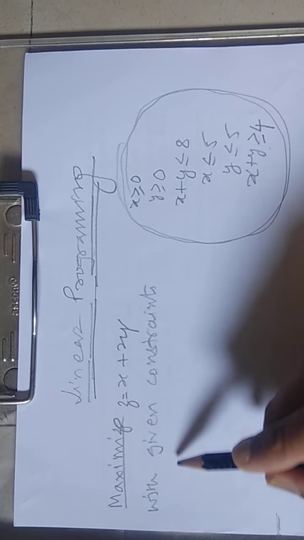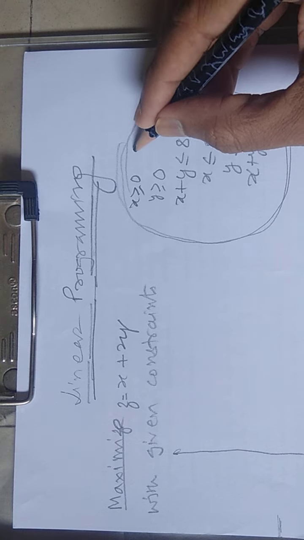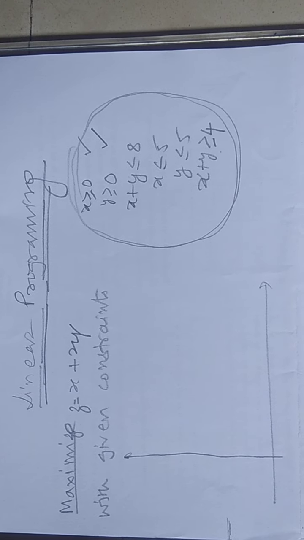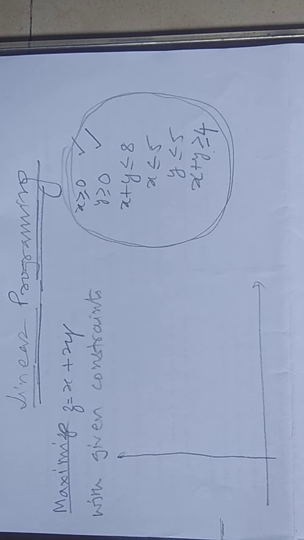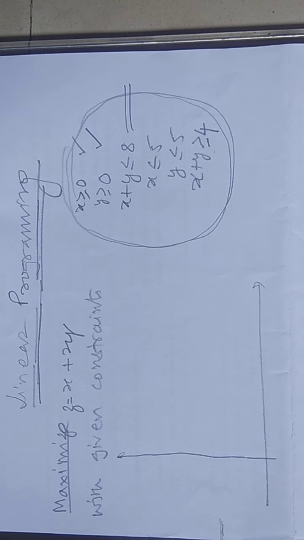Okay. Now see the first thing. These two equations are telling you something. What does it mean? There will be a graph which is in the first quadrant. So I am going to draw a line one after another. This is the line x plus y is equal to 8. Consider the equal to sign. Do you remember that in equations we have written x by 8 plus y by 8 equal to 1?